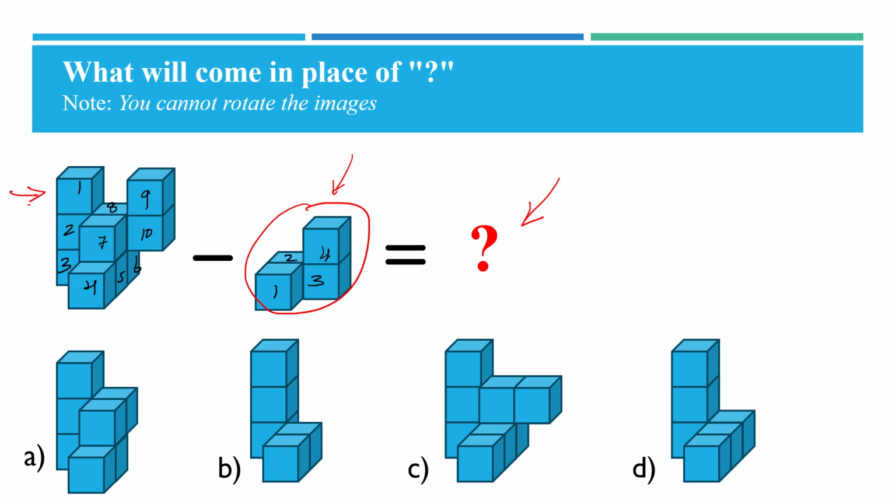So which are those 4 blocks? I believe these 2 blocks are 9 and 10, and the other 2 blocks are 8 and 7. So the remaining blocks are 1, 2, 3, 4, 5, 6, and the image which matches the same is option D. Great.